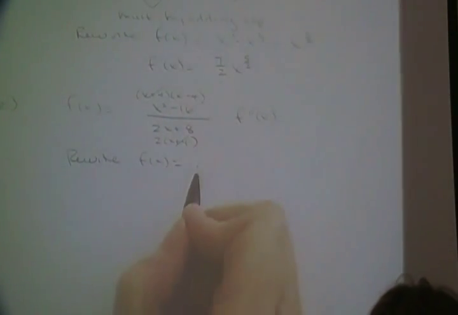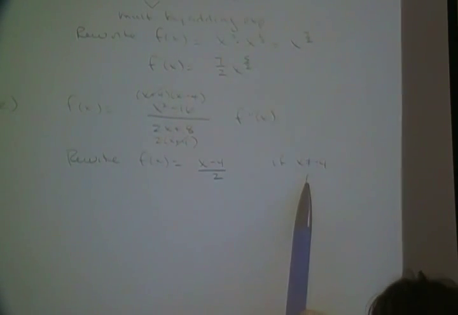So the x plus 4's can divide out. And this function really is x minus 4 over 2, as long as x is not negative 4. If x were negative 4, then you can't say that. But we'll make this little caveat.